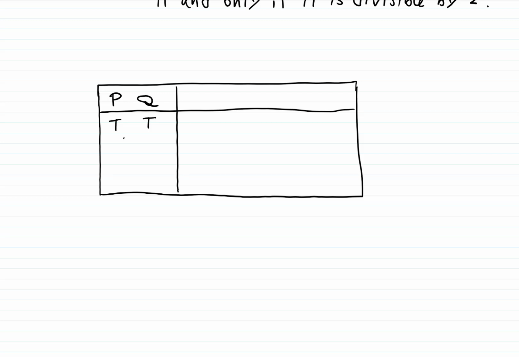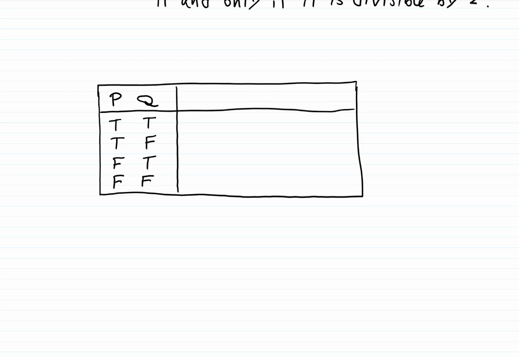You should be getting used to these 4 possibilities by now. Now, I'm not going to just tell you the truth values for P if and only if Q. We're going to figure it out, okay?